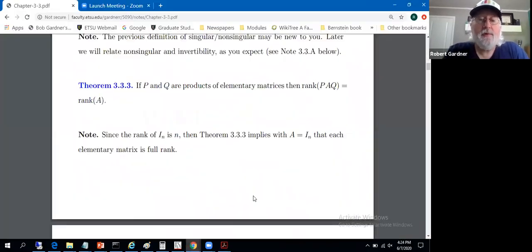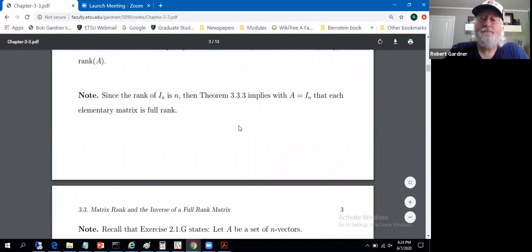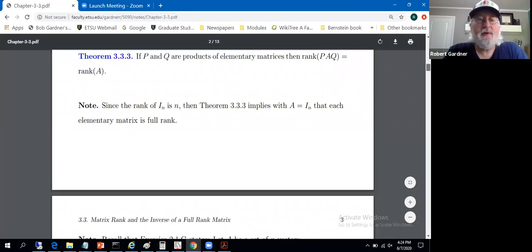Back to the notes. Okay. Let's see, super quick comment. Not a surprise here. The rank of the identity matrix is n. So we get from this theorem that if we take A to be I sub n, each elementary matrix is full rank.